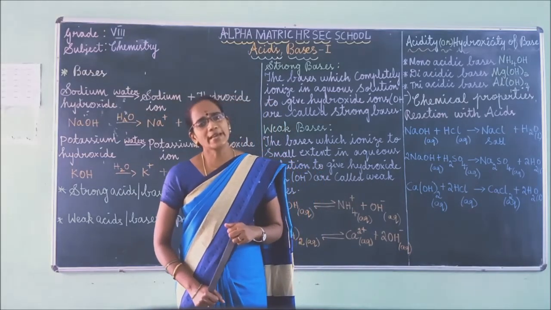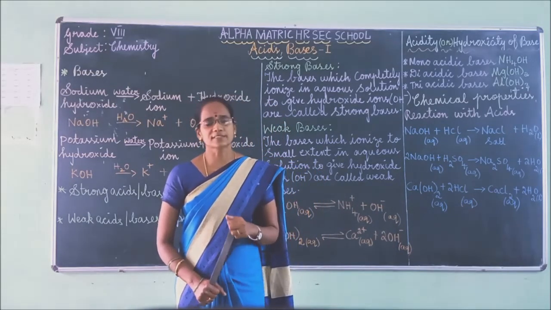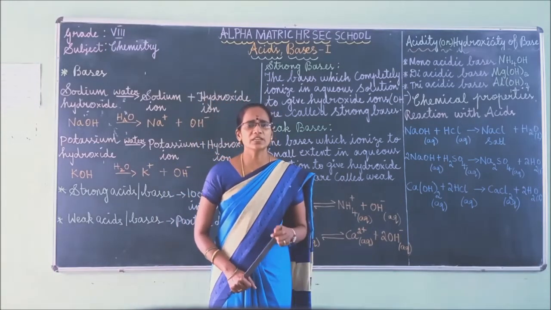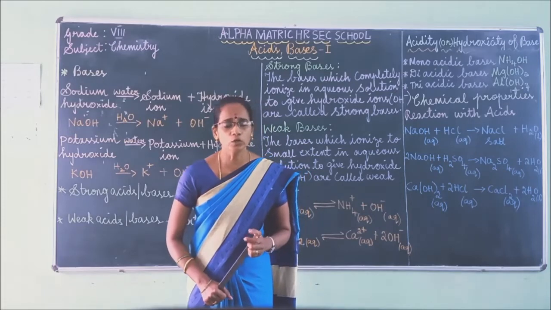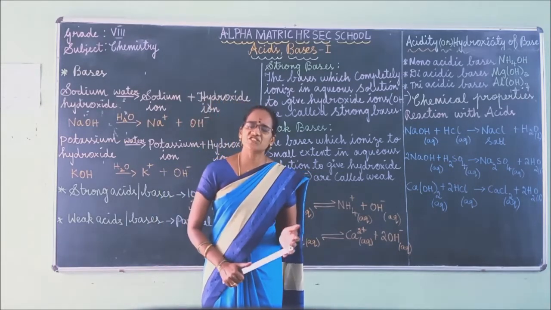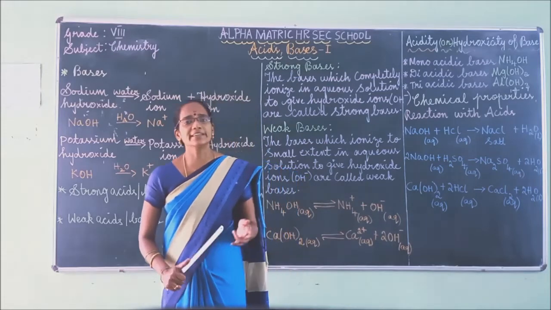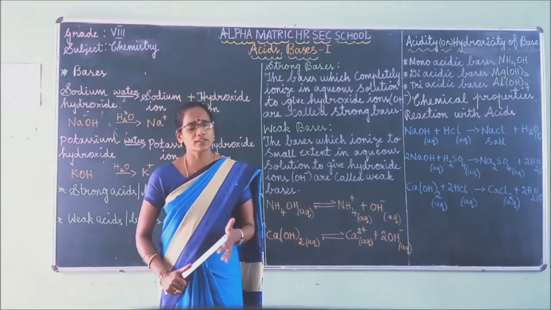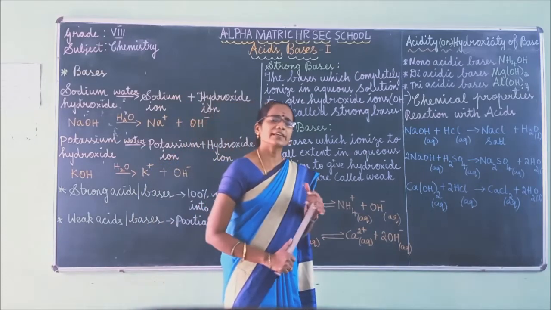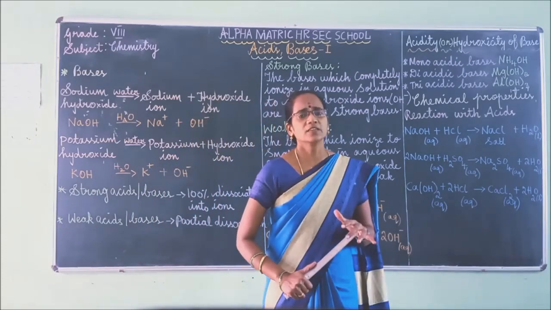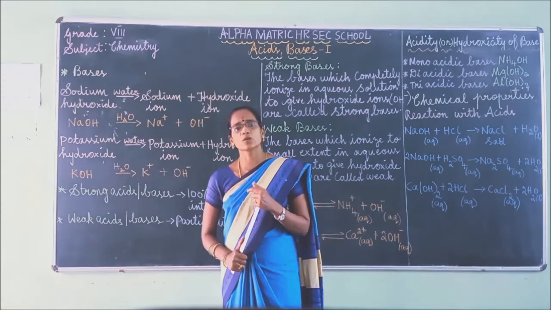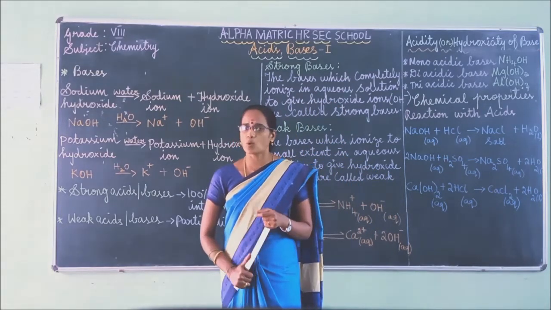Okay. So base is a chemical substance which is corrosive as well as it has bitter taste, right? A lot of bleaches, soaps, detergents contain base. So a base is a chemical substance which releases hydroxyl ions when dissolved in water.